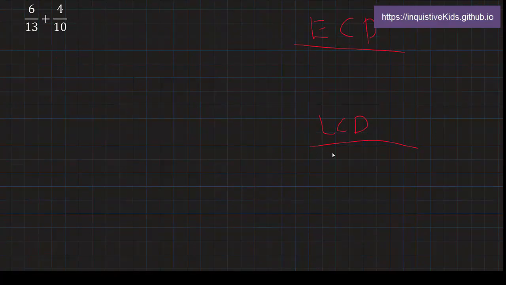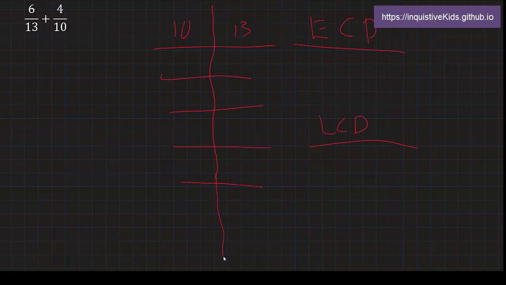Now, let's try using the LCD procedure. 10 and 13. Well, before you start doing this, you could see that 13 is a larger number. And we also know that any number that ends with a 0 in the ones place is always a multiple of 10.